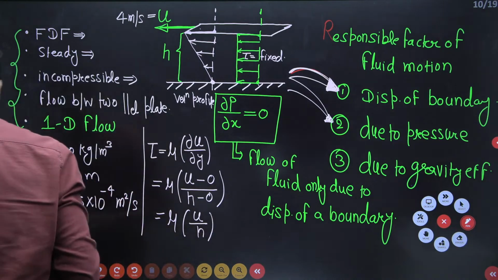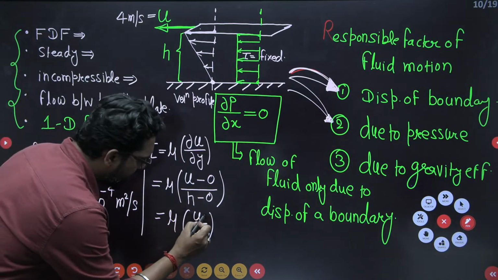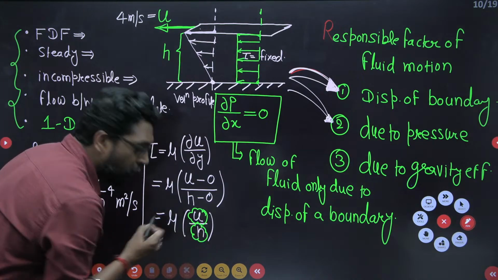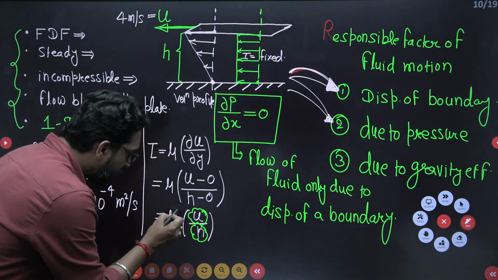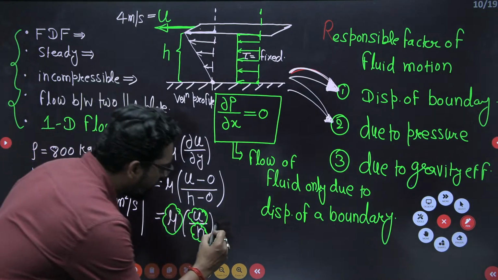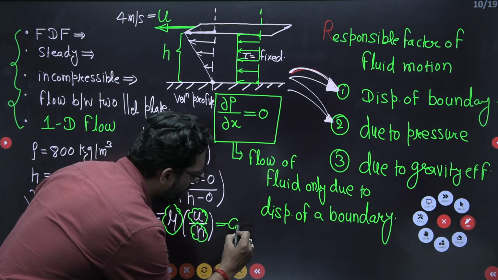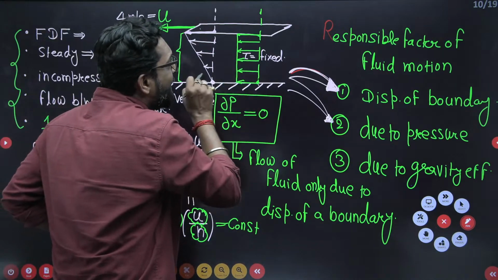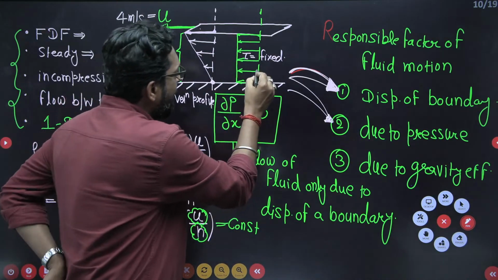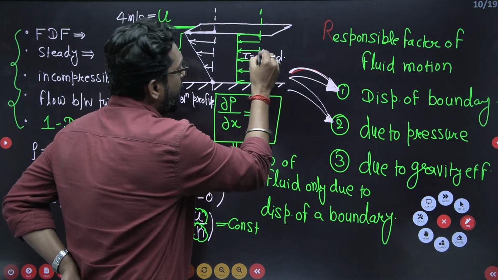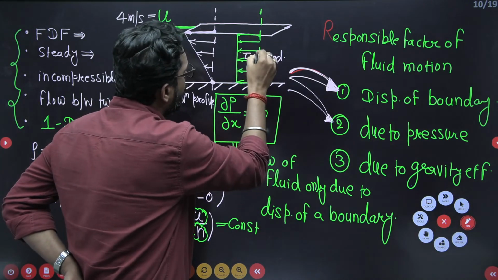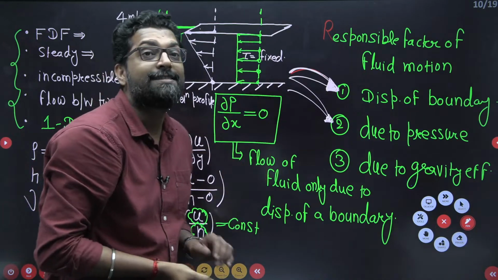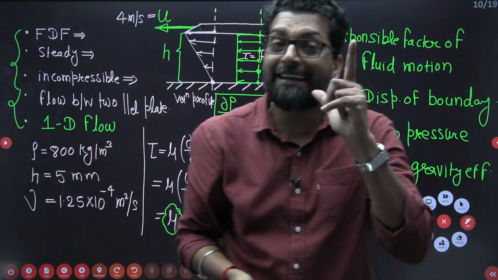So my dear, this is mu u by h. Now if there is no pressure gradient, this is constant, h is also constant, and mu is also constant. So this stress is a constant value, so the stress at each and every cross section, from top to bottom, is the same. And what is the indirect form of the shear stress?